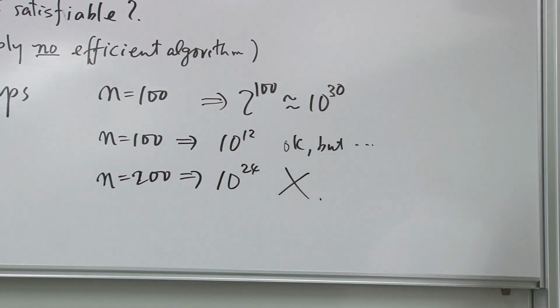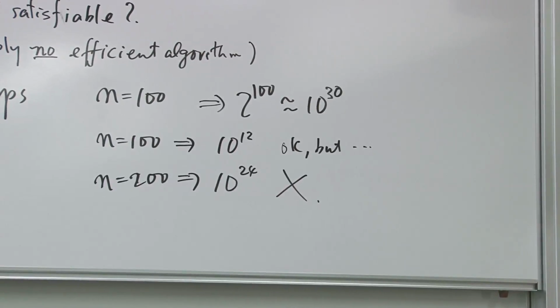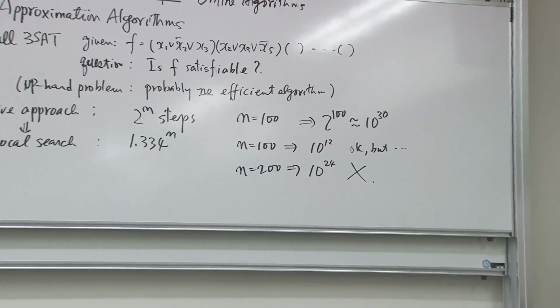But if n is equal to 200, then the value jumps up to 10 to the 24. It is totally impossible.